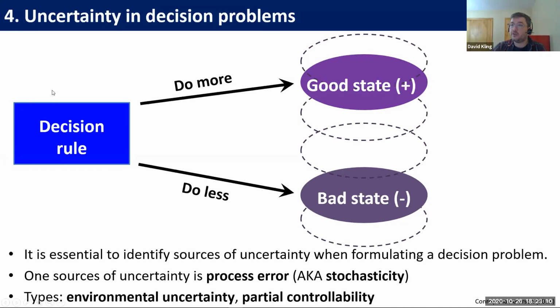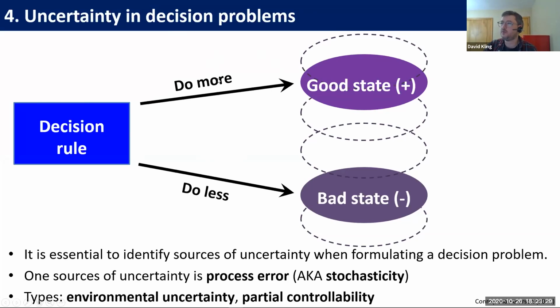And here, going back to our very basic graphical framework, you may have a decision rule that at its most basic has just two actions: do more or do less, or do something versus do nothing.